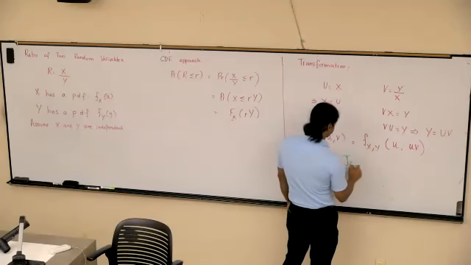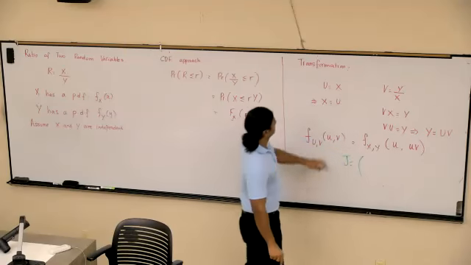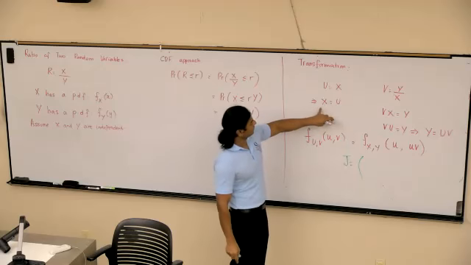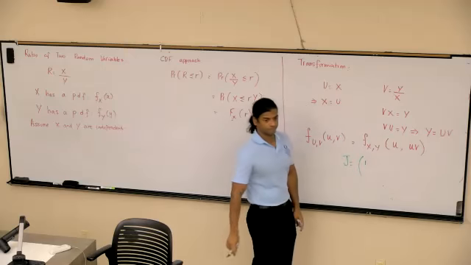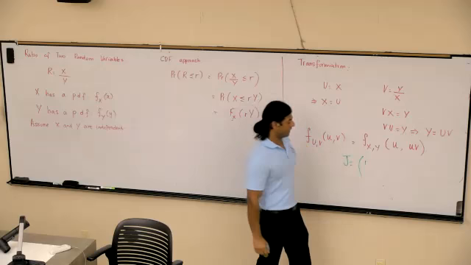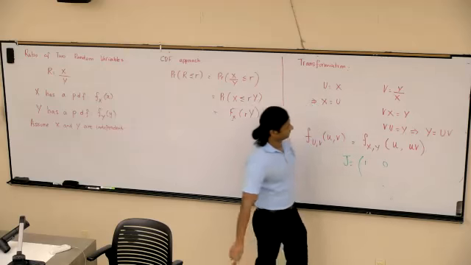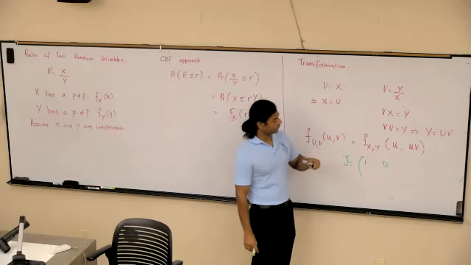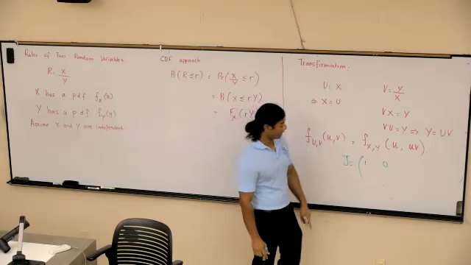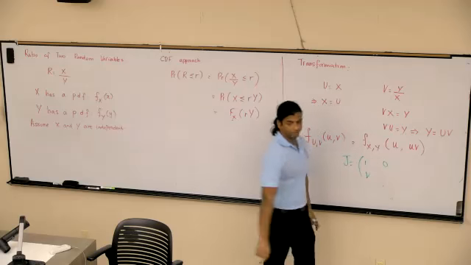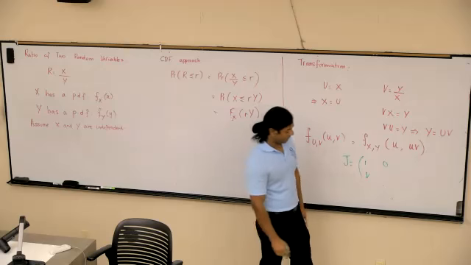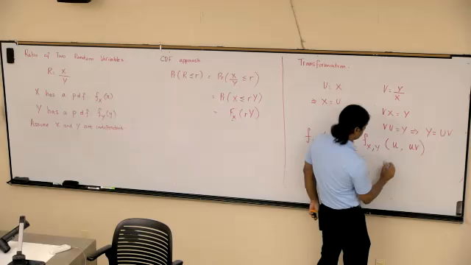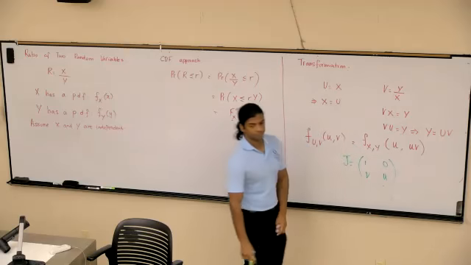So take the derivative of X with respect to u, I get 1. With respect to v, I get 0. Derivative of Y with respect to u, I get v. With respect to v, I get u.